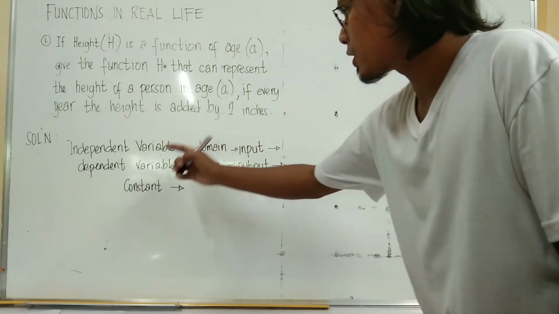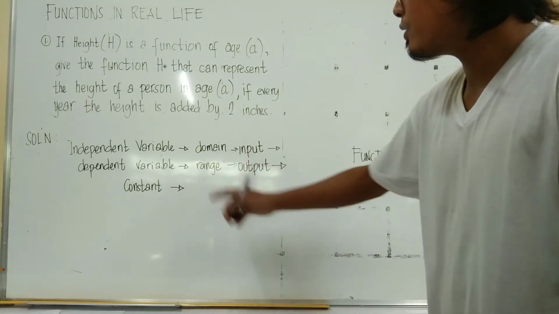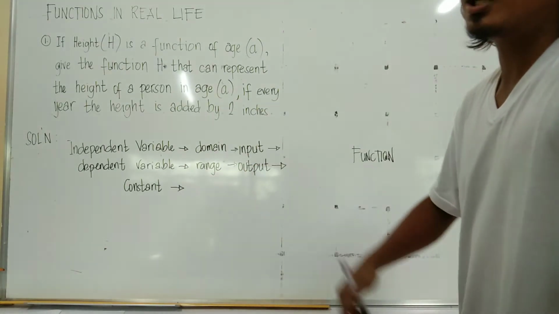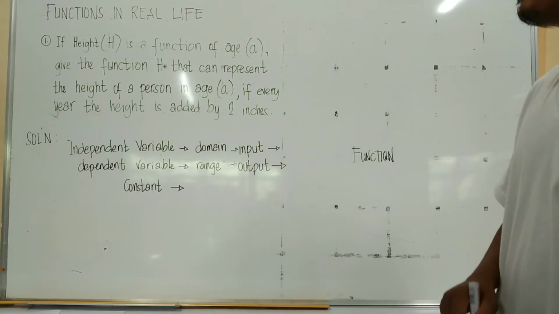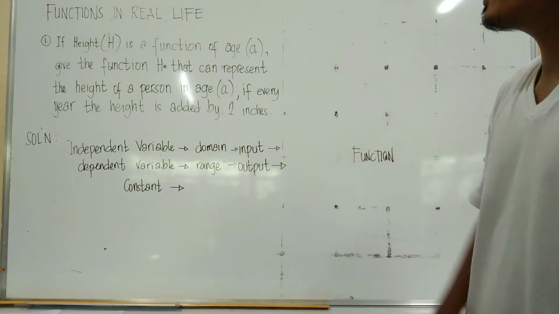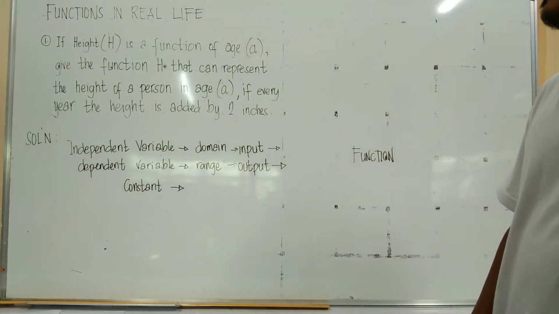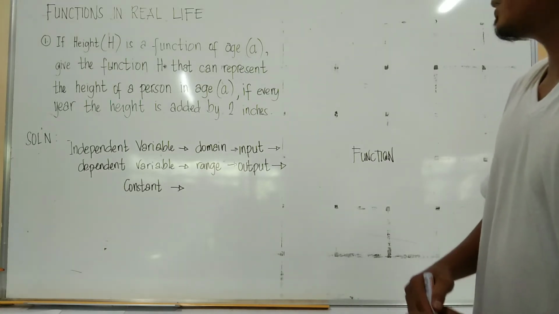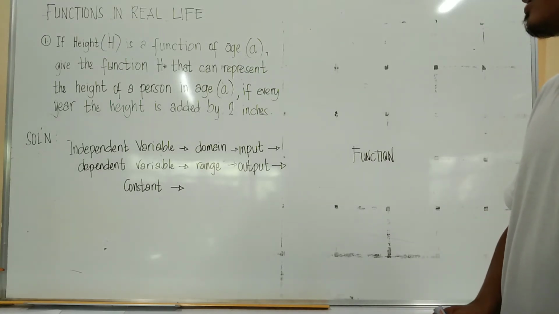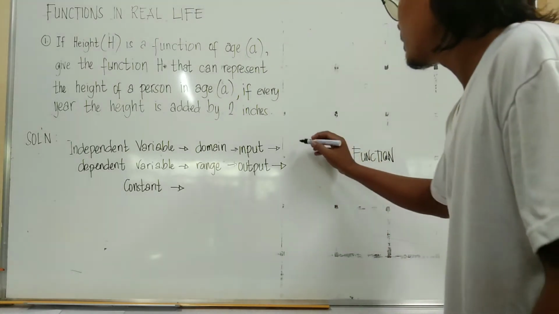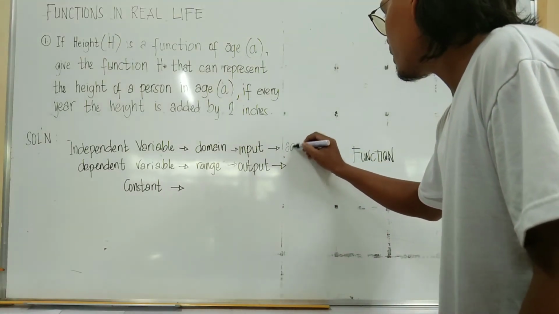Your dependent variable is your range, or your output. Understanding the situation on the board, our input, the independent variable or the domain, is your age.